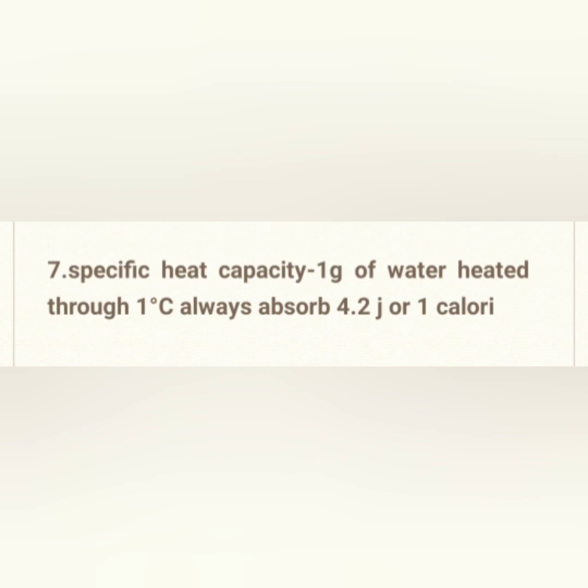Specific means a particular value. For example, when we heat 1 gram of water through 1 degree Celsius, it always absorbs 4.2 joules of heat. You always give 4.2 joules of heat. This is why it is called specific heat capacity.